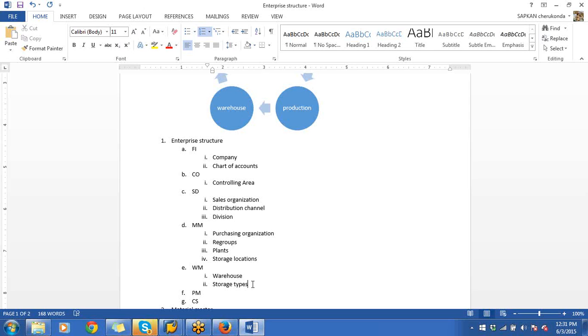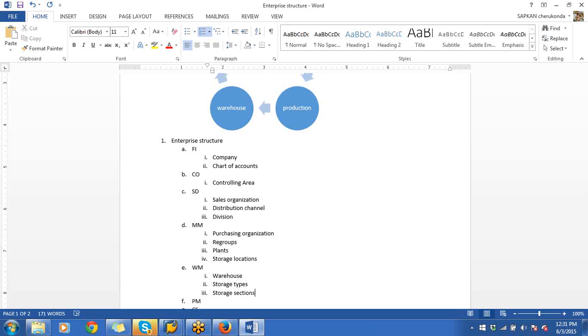So then divide that storage type into vertical aisles. That would be the storage section. That means one storage type can be subdivided into multiple sections, vertical, right?